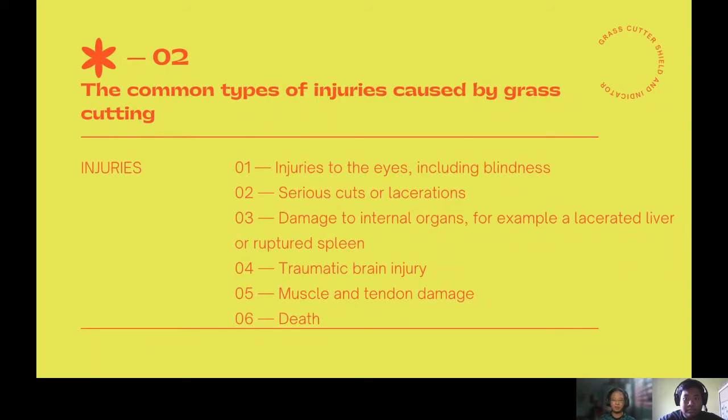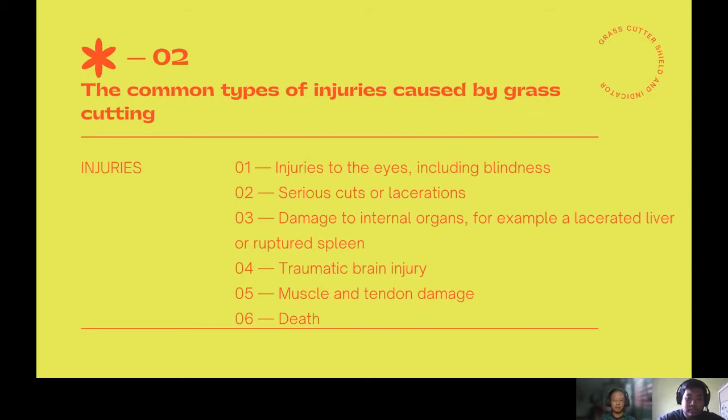Next, serious cuts or lacerations because of the blade of the grass cutter. Damage to internal organs, for example, lacerated liver or ruptured spleen. Next, traumatic brain injury, muscle and tendon damage, and lastly, the grass cutter can even cause death, because accidents happen randomly. We don't know when the accident will happen. Maybe it can cause death.